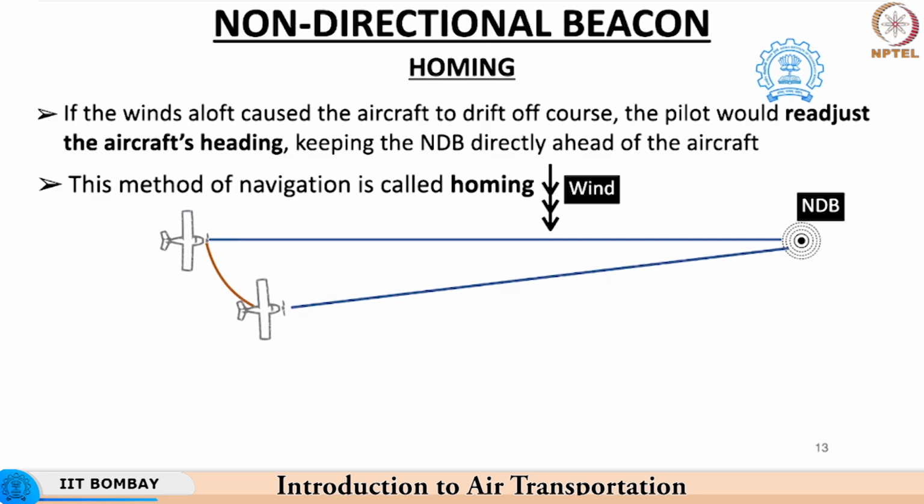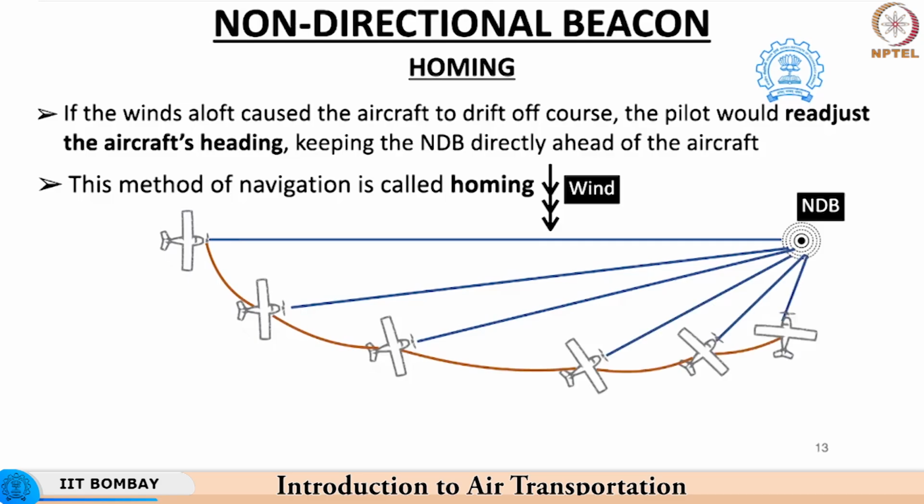In this case, it is towards the right, and the NDB direction finder would basically show that the aircraft has a relative bearing in the left direction, and hence the pilot will have to subsequently adjust his or her heading, so that the needle can be put in a straight direction.